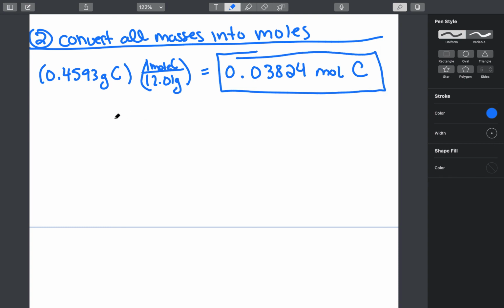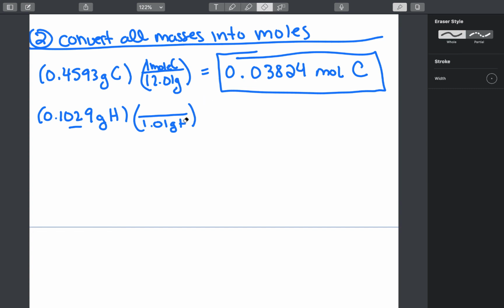So now let's do the same thing for hydrogen. So we had 0.102, so put that underline there, grams of hydrogen. We can multiply that by the molar mass, so 1.01 grams per 1 mole of hydrogen. Oops, let's get rid of that hydrogen. It should go on the top, not the bottom.